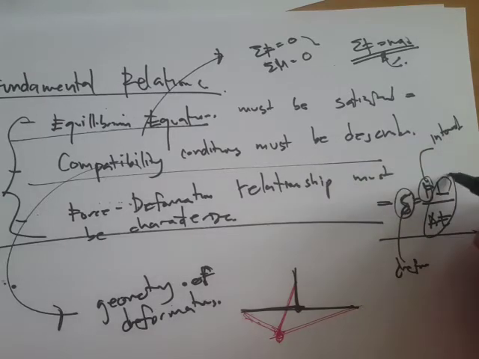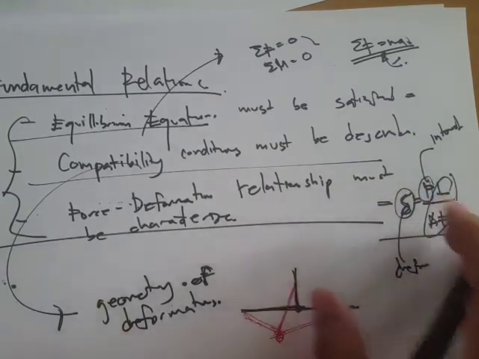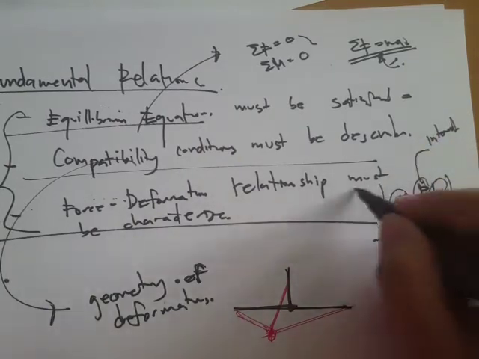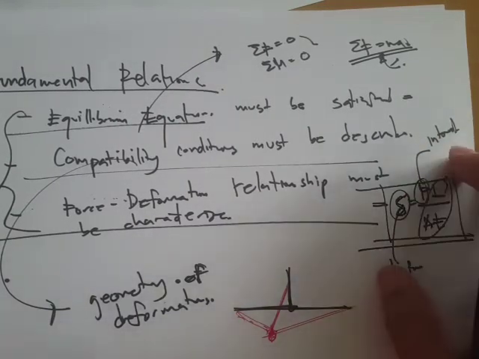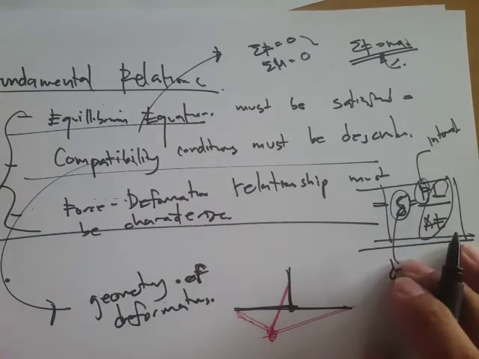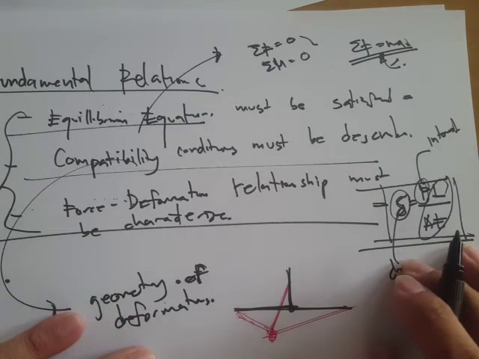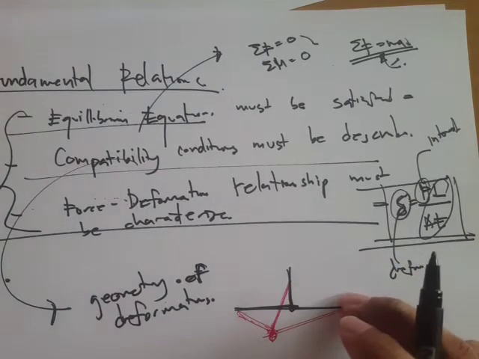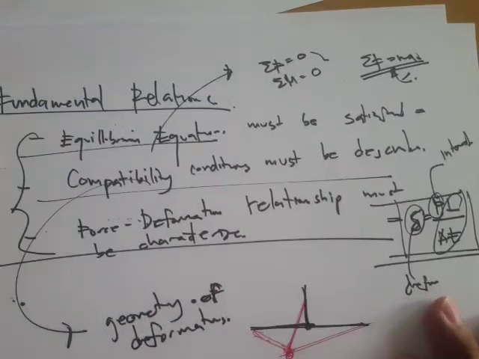Okay, so what's the relationship? It is related to the stress strain relationship by Hooke's law and so on. So it must be characterized. These three conditions or fundamental relations really apply in any structural problems.